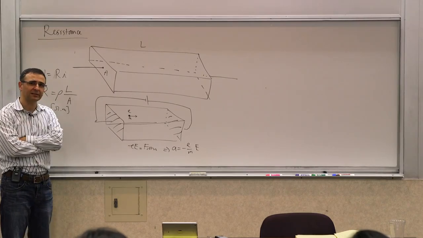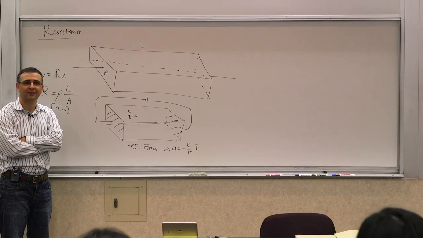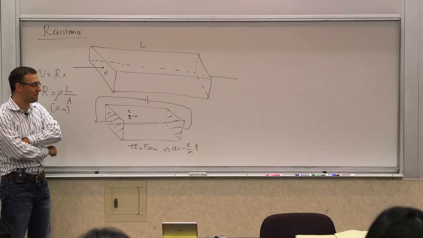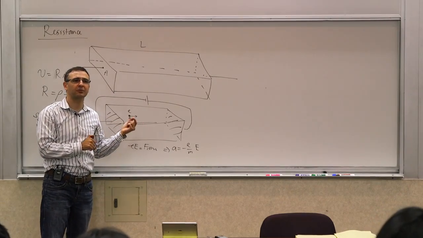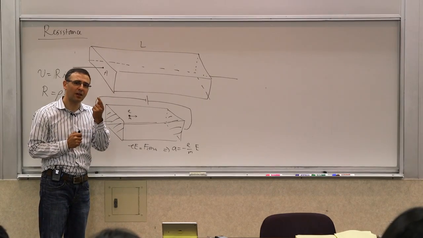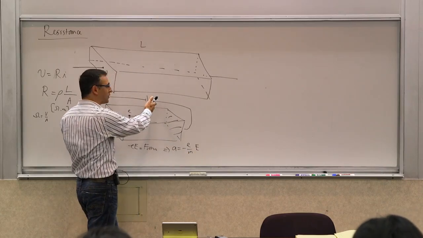Is this constant current? No, right? What quantity, what kinematic quantity, needs to be constant for this to be constant current? Velocity. However, we know the electric field is related to the voltage.